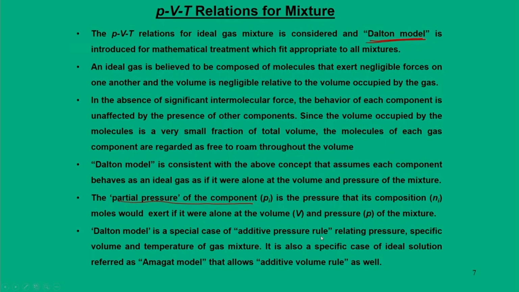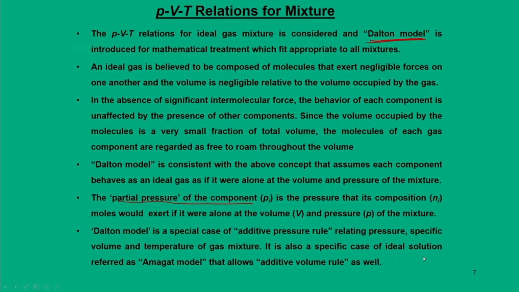Now, when we framed the additive pressure rule in previous slides, the main concentration was on multi-component systems, whereas Dalton's model is only for the ideal gas scenario. As a result, what we see is that Dalton's model is a special case of the additive pressure rule relating pressure, specific volume and temperature of the gas mixture, and is also a specific case for an ideal solution.